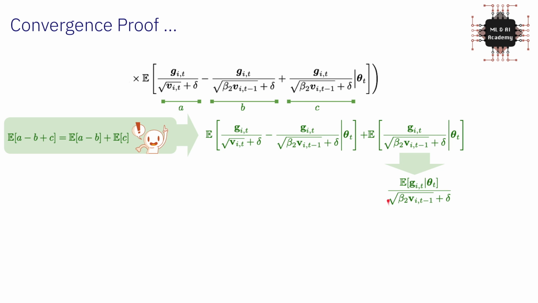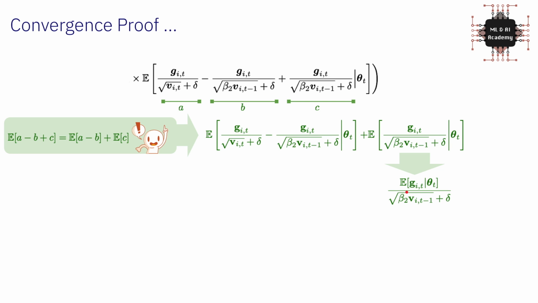And that's why I can take this outside of the expectation and have it not conditioned on anything because it's fully known. And therefore, it's like E of 1 over some constant times G_{i,t} given theta t, which is nothing but 1 over that constant, that's what you see here, times E of G_{i,t} given theta t. So here, I've just used the fact that the denominator is independent of theta t, and that's why I can rewrite this in this way.